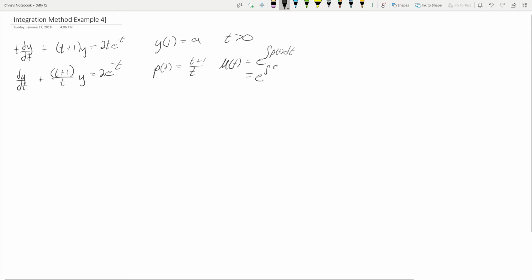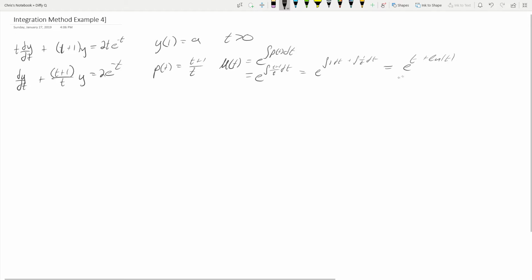E to the integral of (t plus 1) over t dt, which we can actually look at as e to the integral of 1 dt plus 1 over t dt, and then that is going to equal e to the t plus ln of t.